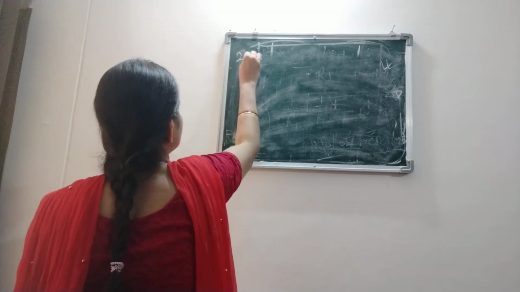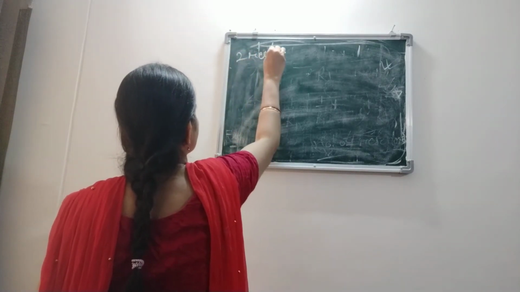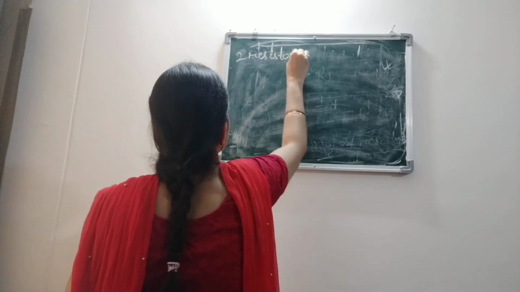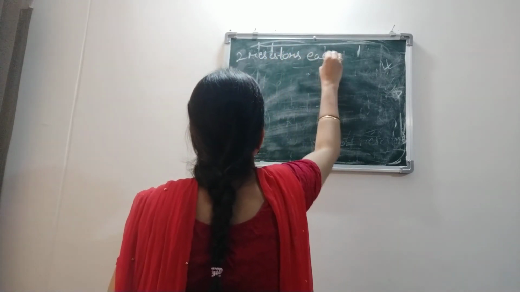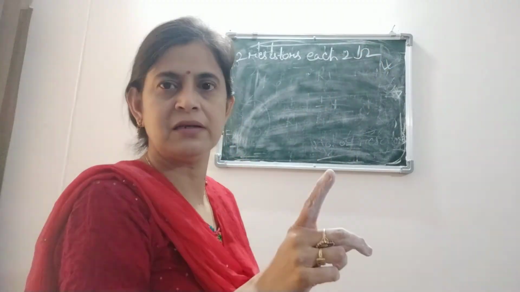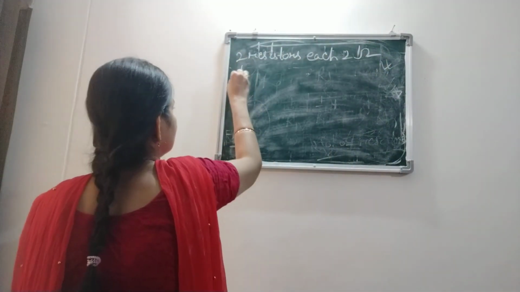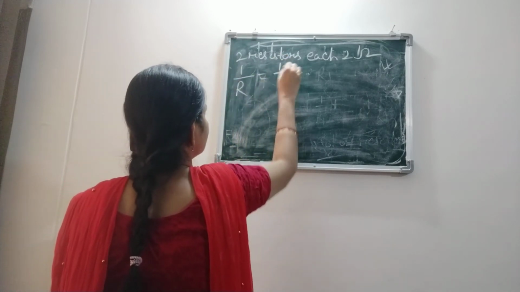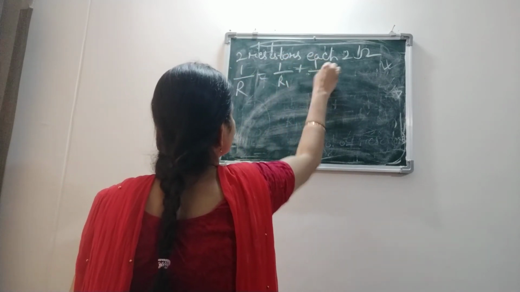Suppose we have two resistors, each of value 2 ohm, but they are connected in parallel. So, applying the formula 1 by R is equal to 1 by R1 plus 1 by R2.